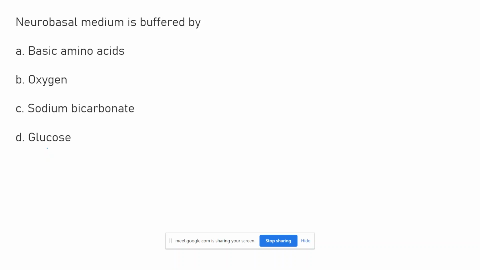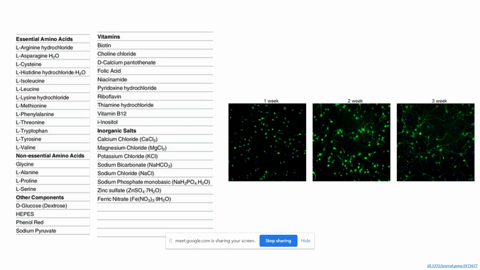So, neurobasal medium, as the name suggests, is used for growing or culturing neuronal cells, and it is buffered by sodium bicarbonate. So, this is the basic composition of the neurobasal medium.